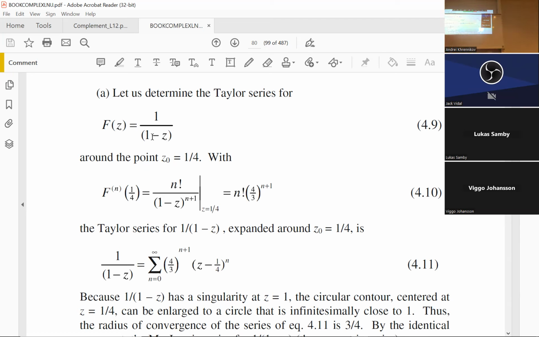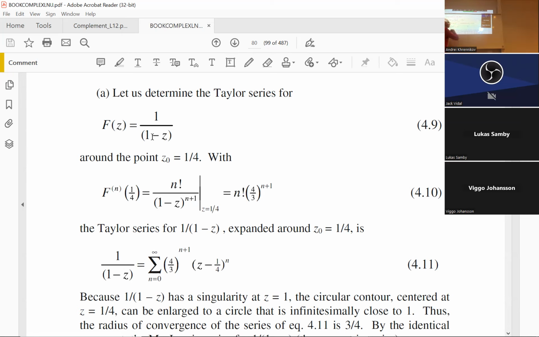How do we expand this function at the point 1/4? We write 1 minus z as (z minus 1/4), and then we write minus 1/4 plus. So 1 minus 1/4 is 3/4.